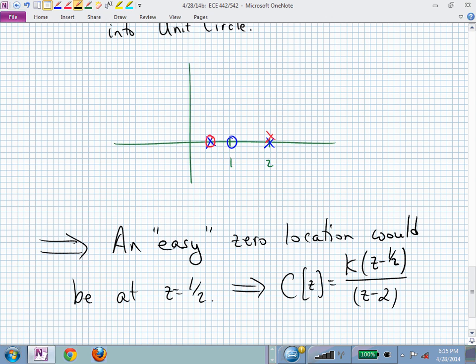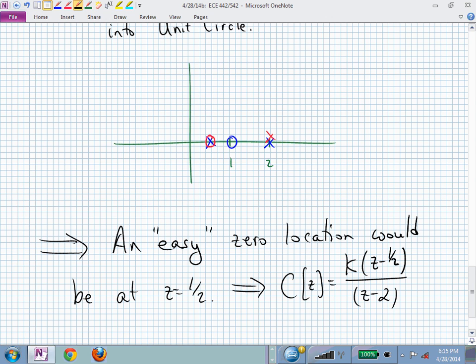I can basically forget the X and the O that are canceled, so I could virtually erase that. And now I have a 0 with 2 poles to the right. Ding, ding, ding, ding, ding, ding. Does that ring any bells? You've learned how to draw those root locus diagrams.